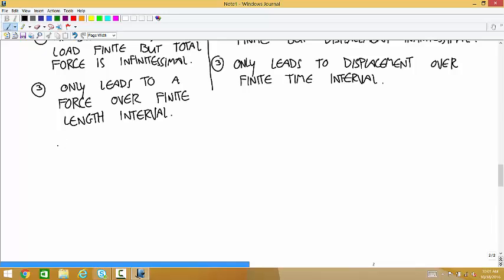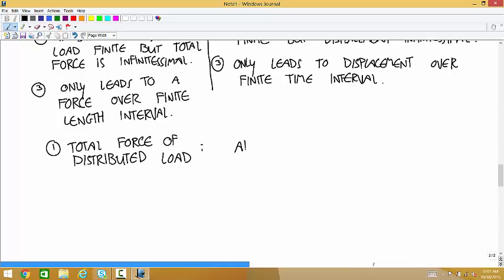Okay, so for calculations with distributed loads, first we need the total force applied by the distributed load, and that's the area of the shape.